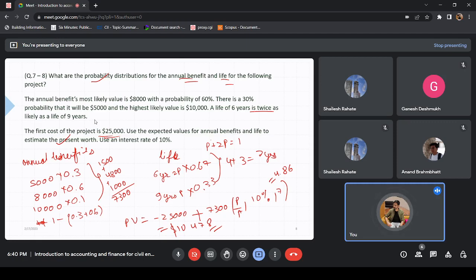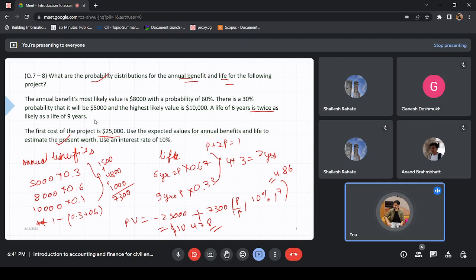See, we have been taking into account the probability of these singular events only. When we know that these events don't occur exclusively, right? I mean, they both occur simultaneously. For each case, you can have 5,000 as your annual benefit, and life can be 6 years or 9 years.